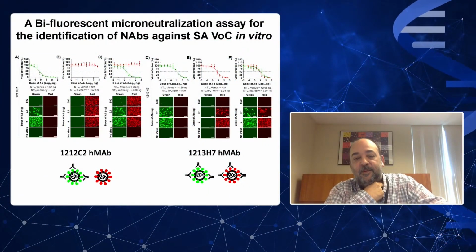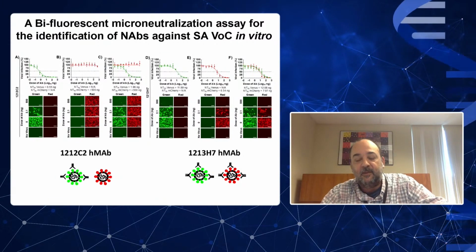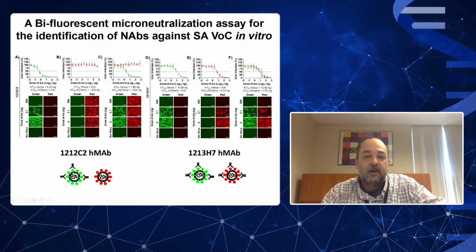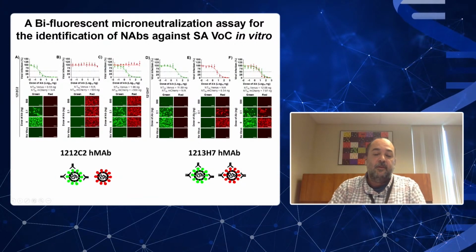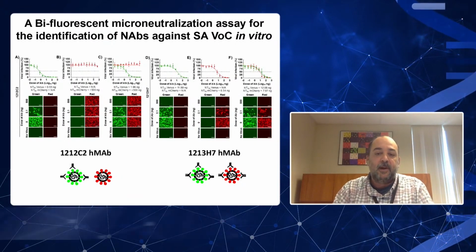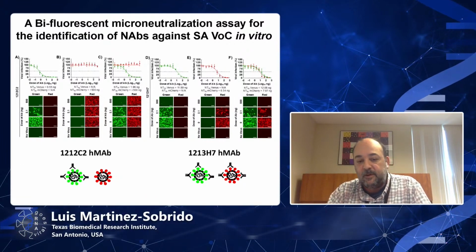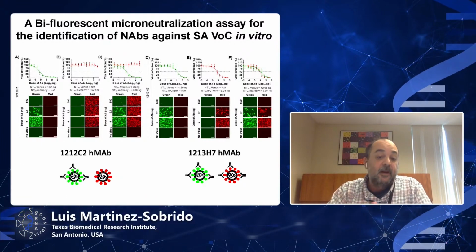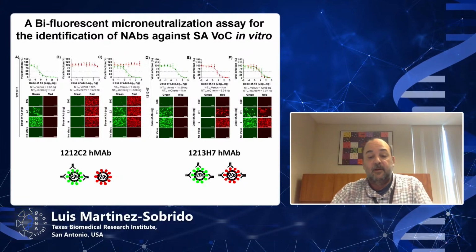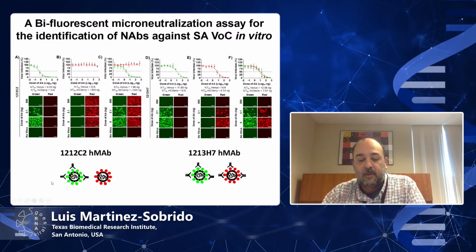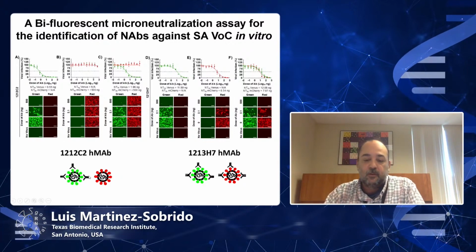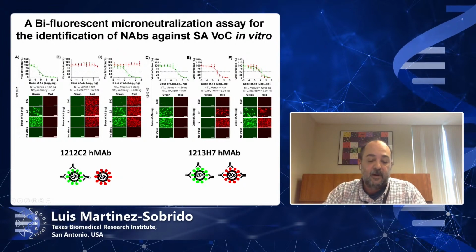What I was saying is that we developed this bifluorescent microneutralization assay. We try to span a multiplex fluorescent assay to identify neutralizing antibodies that are able to specifically neutralize either the original virus expressing one fluorescent protein versus one of these newly identified variants of concern.